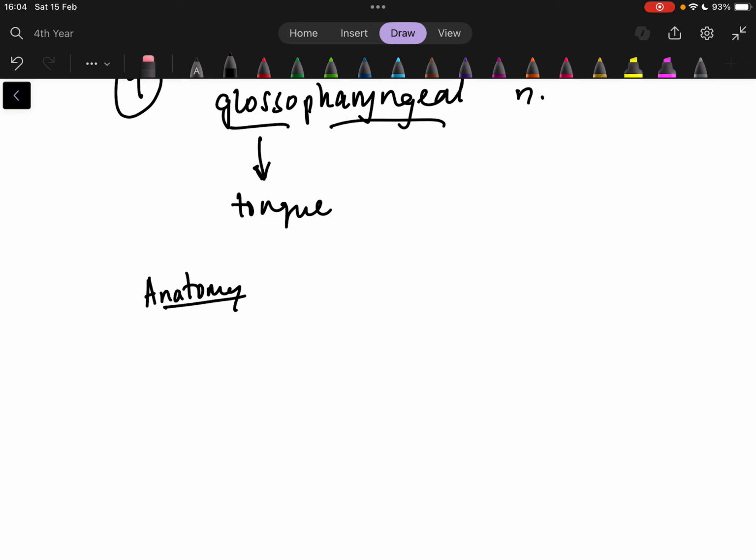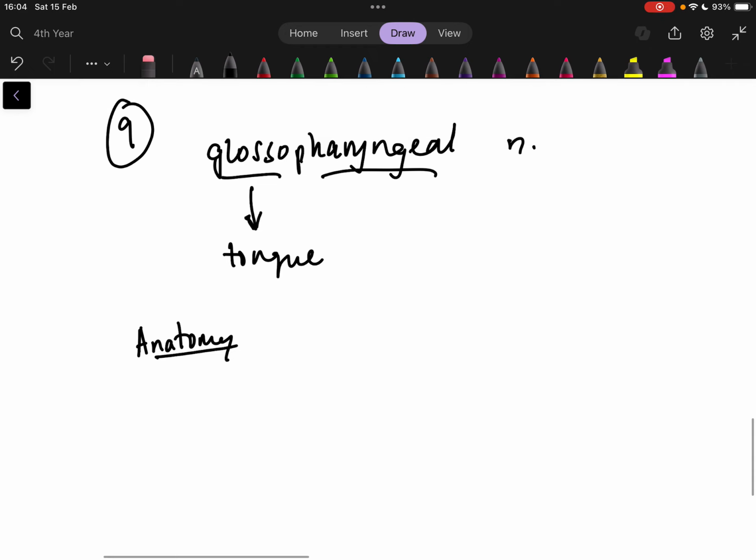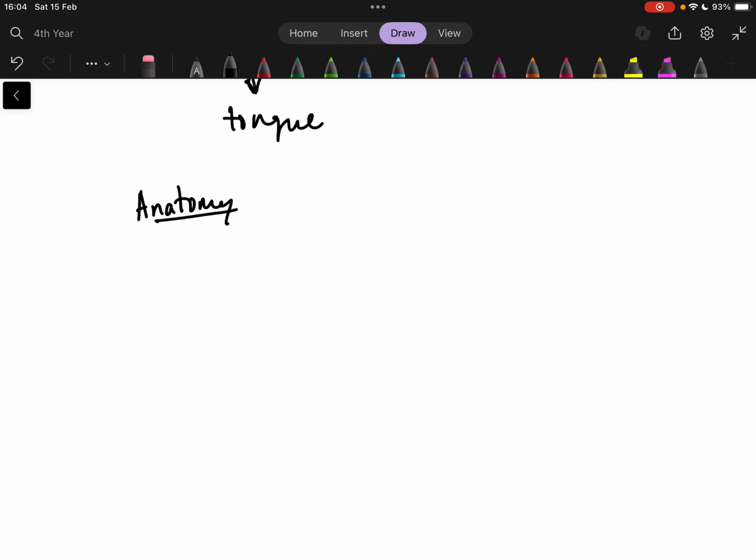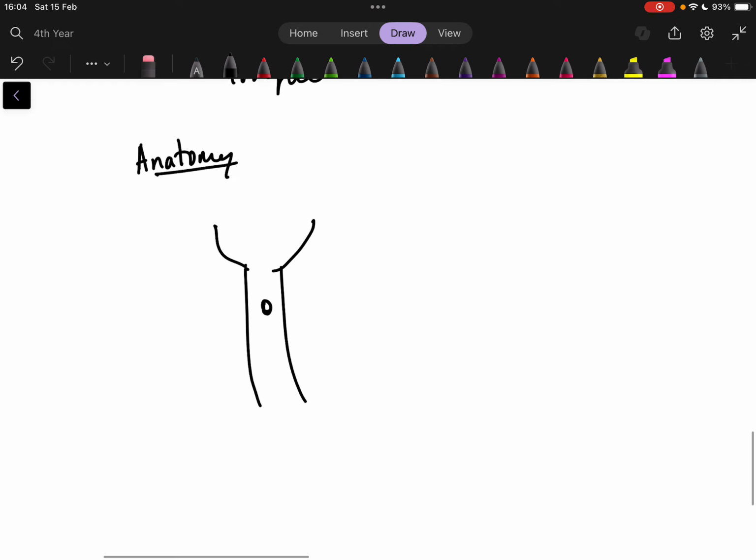Actually, it makes more sense to talk about the glossopharyngeal nerve alongside the vagus nerve, because they both go hand in hand. They have similar nuclei, in fact, the same nuclei. So whenever you talk about the glossopharyngeal nerve, often it's examined with the vagus nerve. So if you look at the anatomy, like I said, they come from the medulla oblongata of the brainstem, and we'll talk later about where it actually exits from in the cranial fossa.